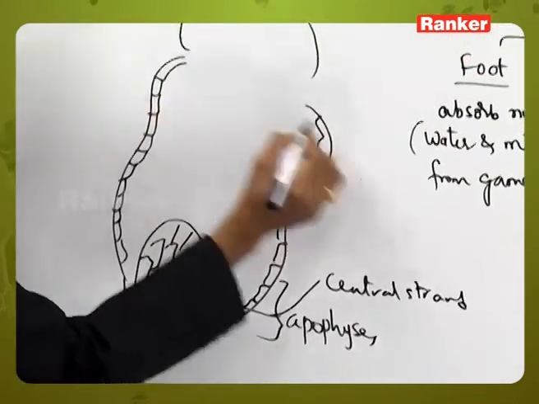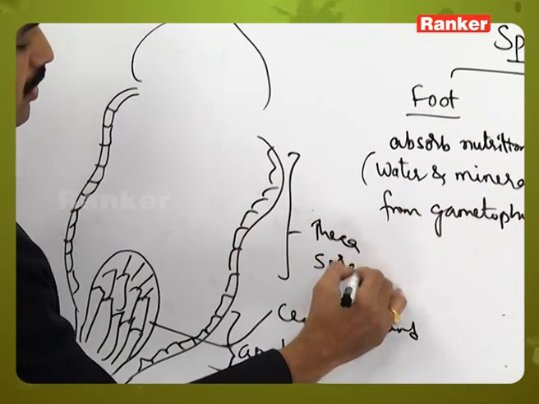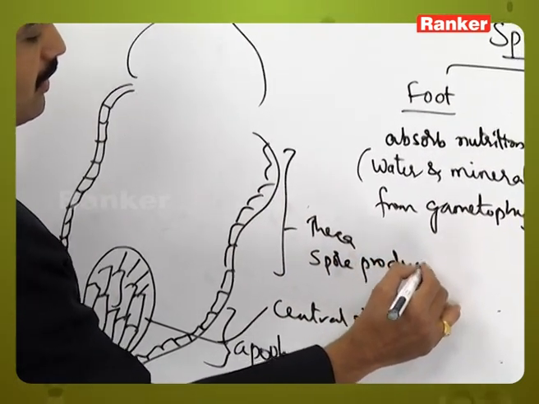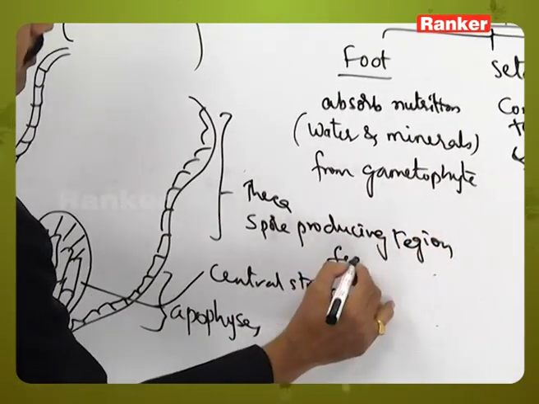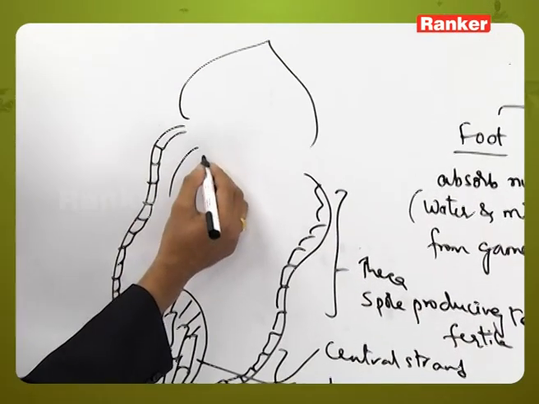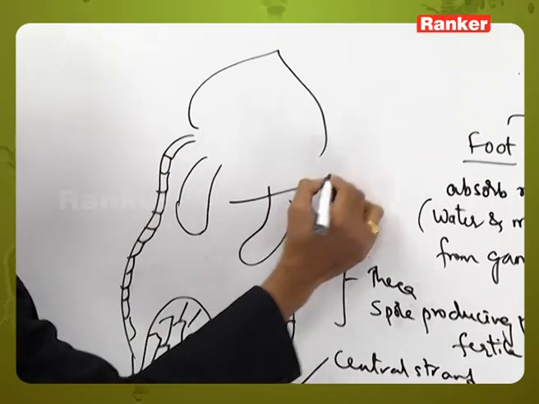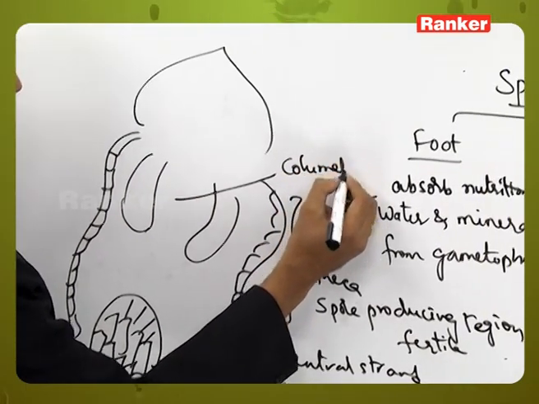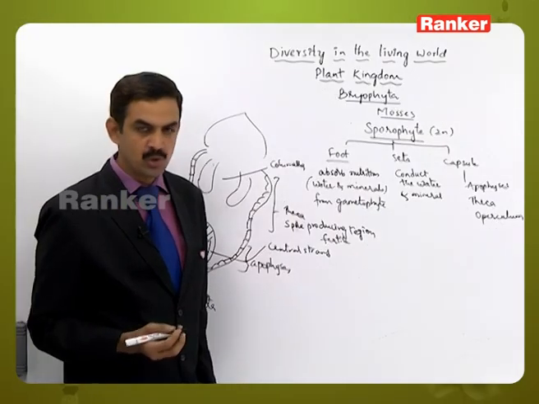The middle part is called the theca, which is actually the spore-producing region. That means it is considered to be the fertile portion, and here the columella is present along with the spore sacs. These are spore sacs, and the central part is called the columella, and the spore sacs contain the sporogenous tissue.